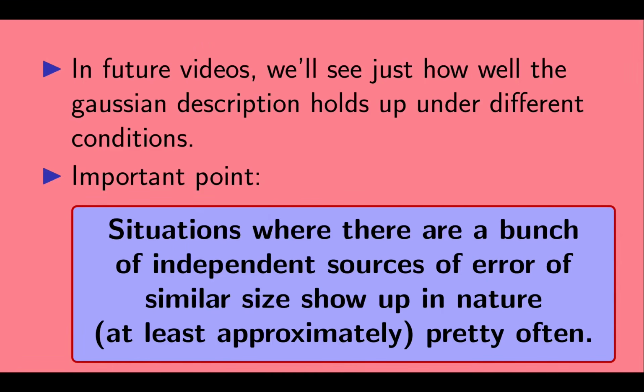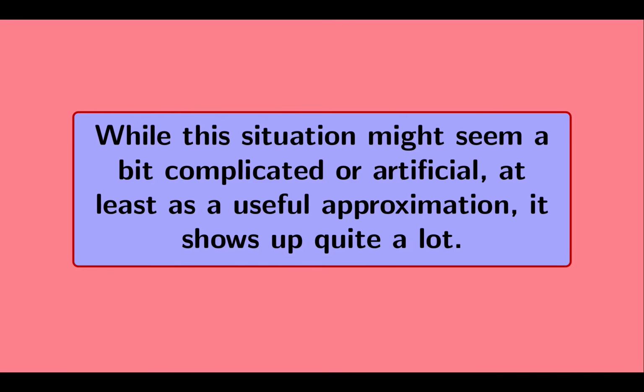Situations where there are a bunch of independent sources of error of similar size show up in nature, at least approximately, pretty often. So while the situation we've described here might seem a bit complicated or artificial, at least as a useful approximation, it shows up quite a lot. Let's see why it shows up more often than we might naively guess.